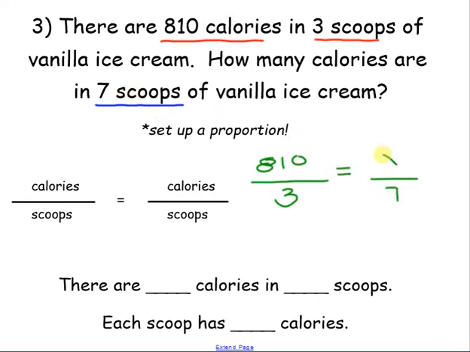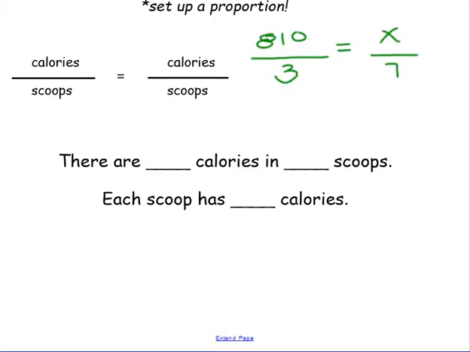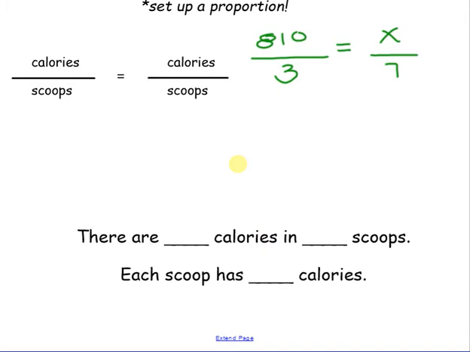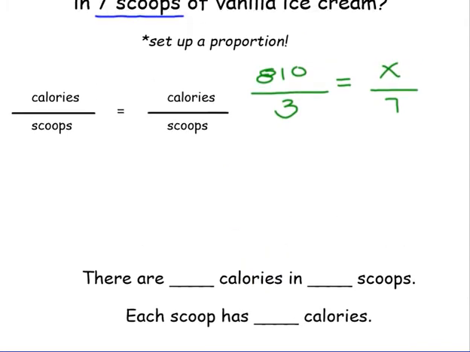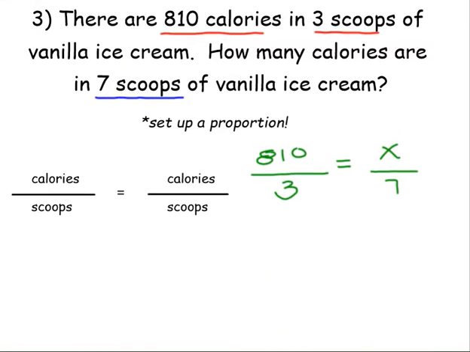So that means my x, my missing value, is going to be on the top. And I'm going to give myself some room here again. Okay, so I'm going to go ahead and cross multiply. 3 times x is 3x. Then I have 810 times 7, and that's going to be 5,670. And I'm going to set them equal to each other.